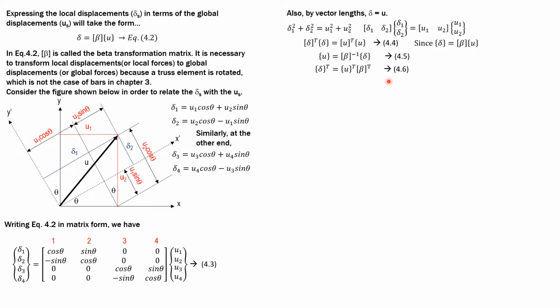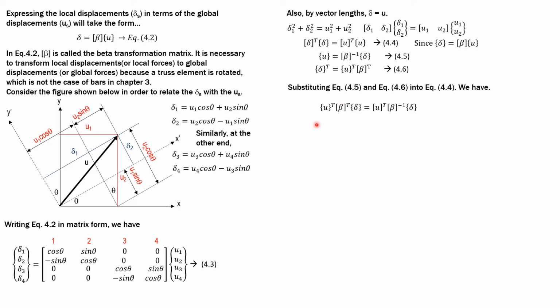Substitute equations 4.5 and 4.6 into equation 4.4, then we get delta transpose, which is u transpose beta transpose, times delta equals u transpose times the inverse of beta times delta.